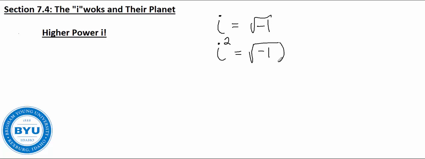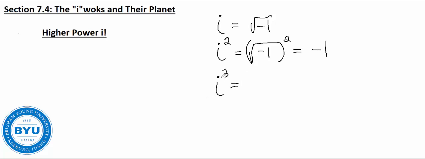What about higher powered i's? Oh my. So we said i is the square root of negative 1, and i squared really is the square root of negative 1 squared, which got us negative 1. What would happen if we had i cubed?